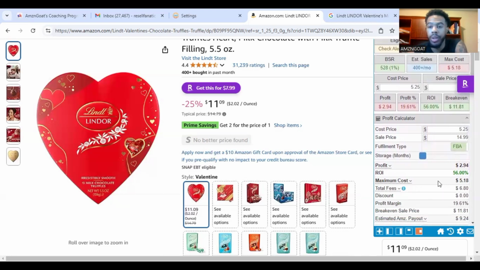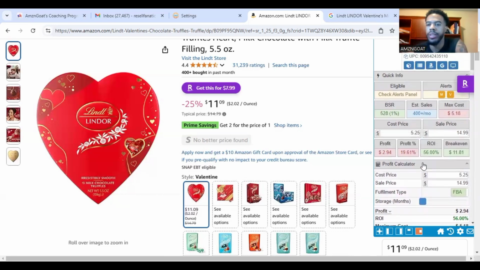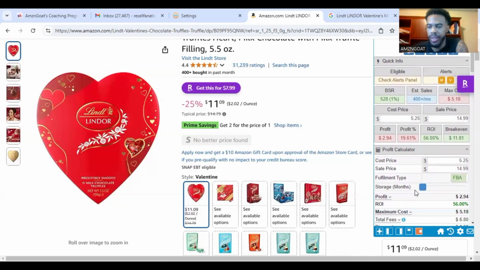So it's already giving you all of the fees that are associated with if you were to sell this product. So you don't have to worry about any hidden fees coming out of this profit and thinking, oh, I'm not actually making $2.94, I got this other cost that Seller Amp isn't including. They include everything. Even if you want to put in extra costs, like what it's going to cost for the supplies that are needed to ship a product out, you can put that in there as well.